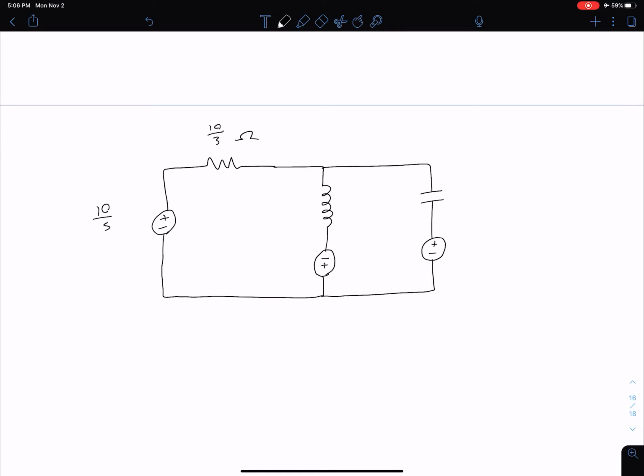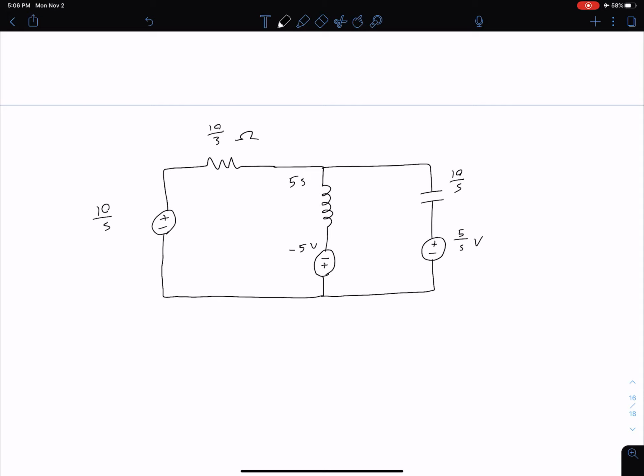Our capacitor impedance, we said, was 10/s, and the value of this voltage source in series is going to be 5 divided by s volts. For our inductor, we had an impedance of 5 times s, and the value of this voltage source was negative 5 volts.